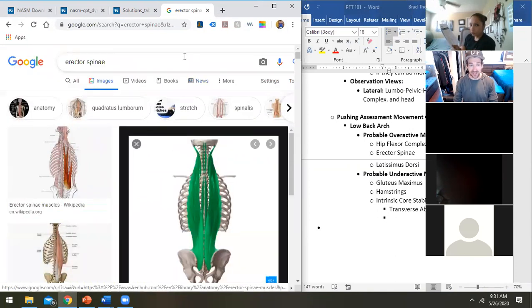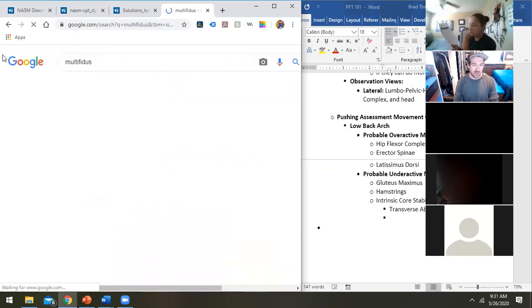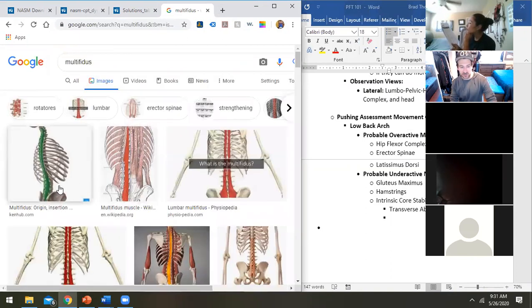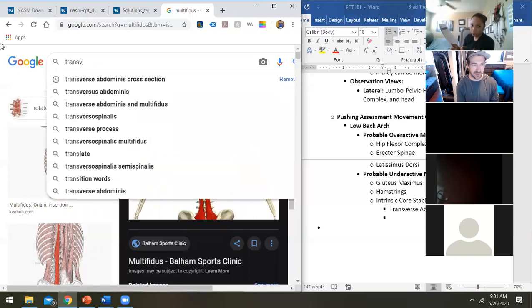But if you look at your multifidus, these are all the little individual tiny muscles, and this is all underneath your erector spinae. This is the innermost layer, and that's similar to what we're looking at with our transverse abdominis.